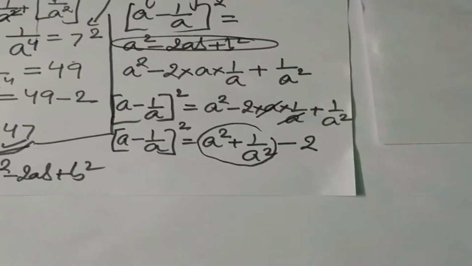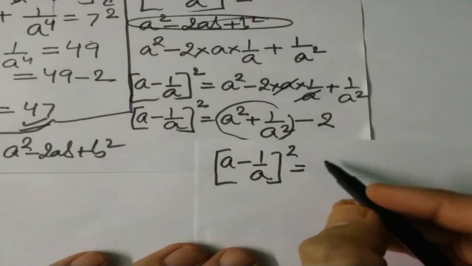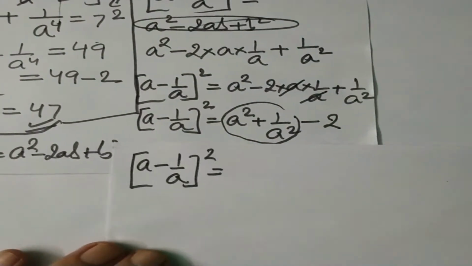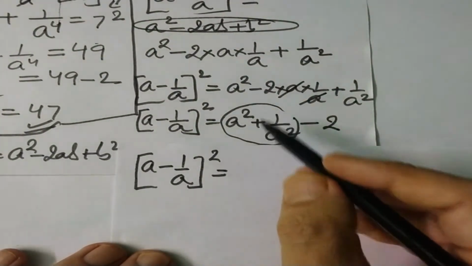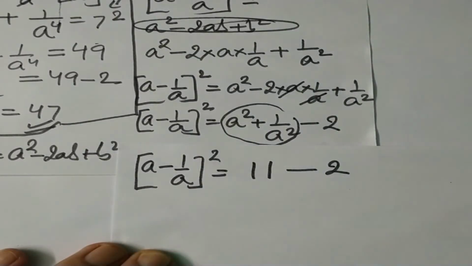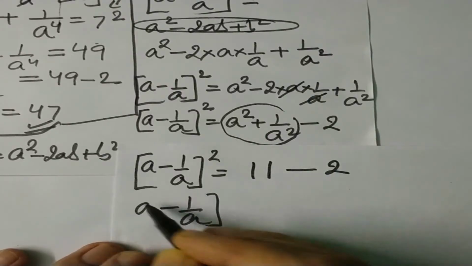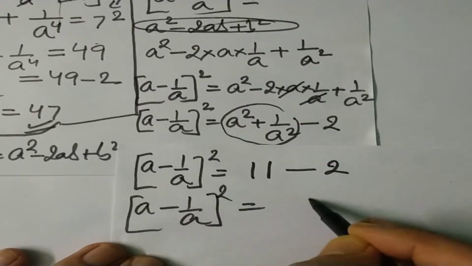So I will write 11 here. So when I write 11 here, it will become 11 minus 2. So it becomes (a minus 1 upon a) whole square is equal to 9.